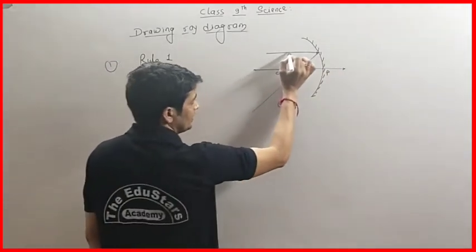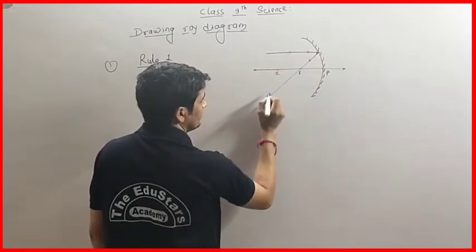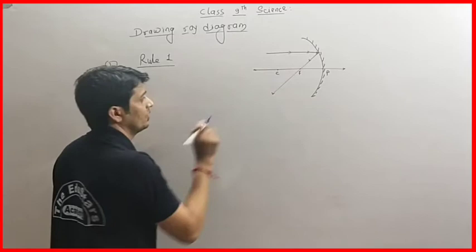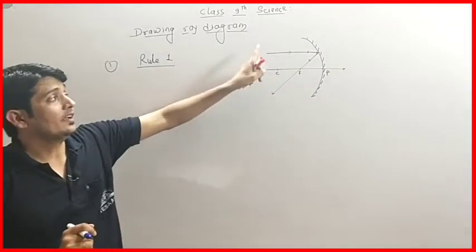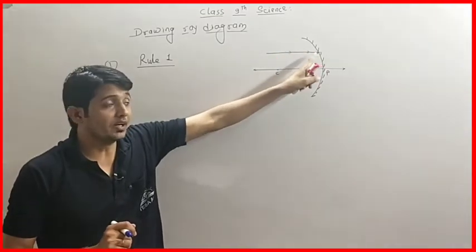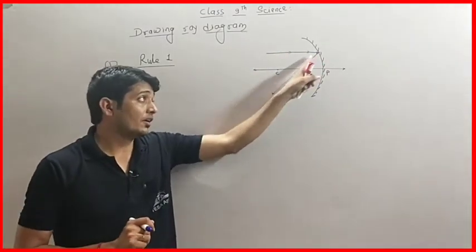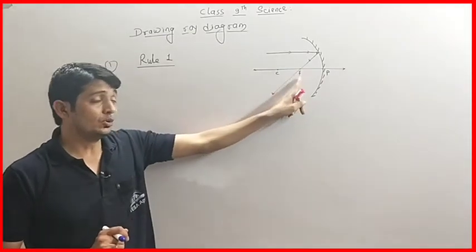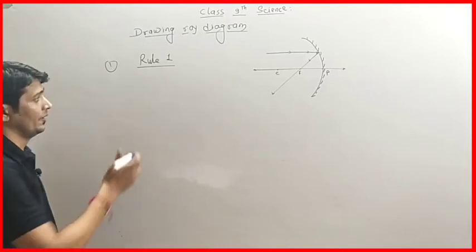This is the path of the ray. So what is rule 1? When light rays are incident on the mirror parallel to the principal axis, then after reflection they pass through the principal focus. It is rule number 1.